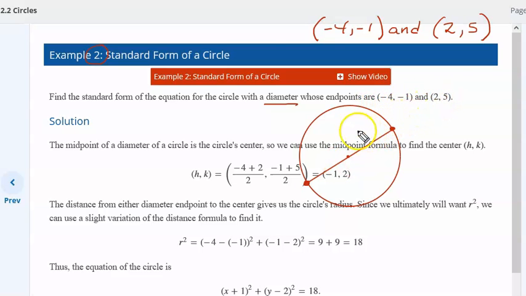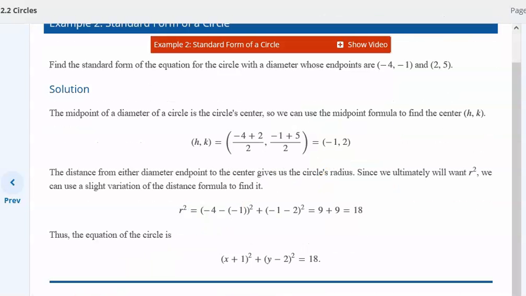But we want to find the radius. And then later we're going to be doing this a little bit too. They all kind of tie in. Now, how do we find the radius if we know the diameter? Well, we have to find the midpoint. So that's where we're going with this.